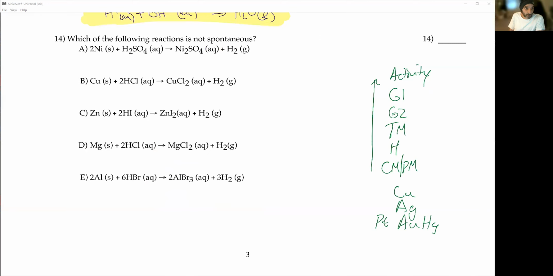All right, so let's take a look at what we got. Remember, the most reactive will be an ion as a product. So if the most reactive is not a product, it is not going to work. So I've got nickel and I've got hydrogen.